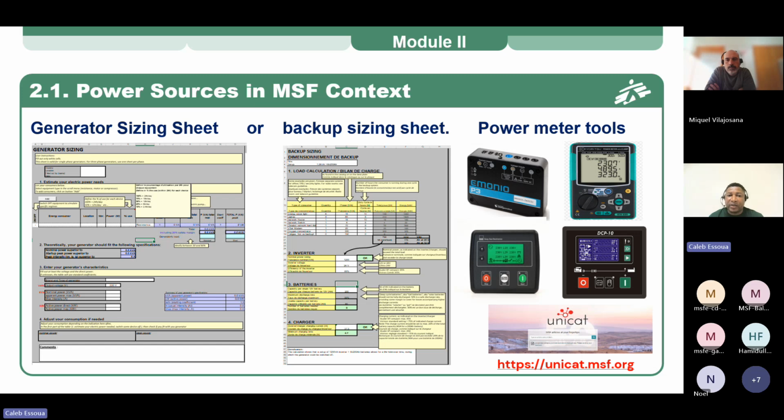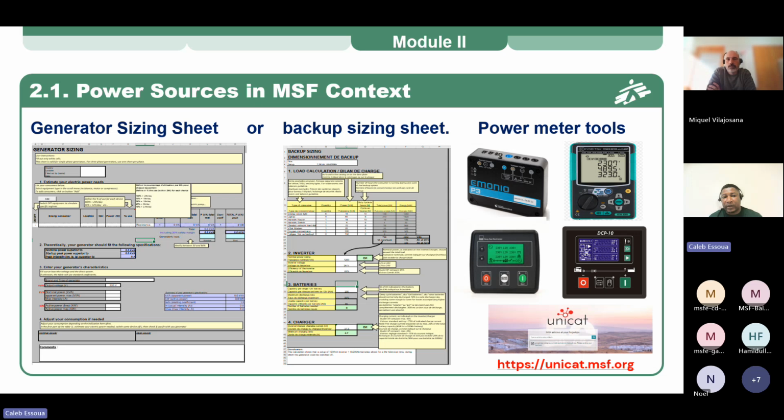If you check on Unicard, you can get the code, and they can order it from MSF Logistics. And for a regular project, you plug it in, you leave it for one month, then you can see your consumption: how much you consume per day, how much you consume per month. And based on this, if you want to go solar, it will help you move forward quickly.